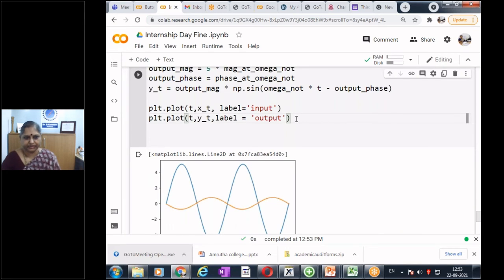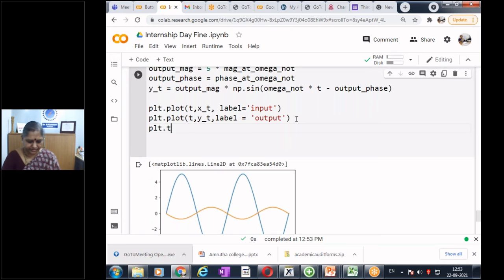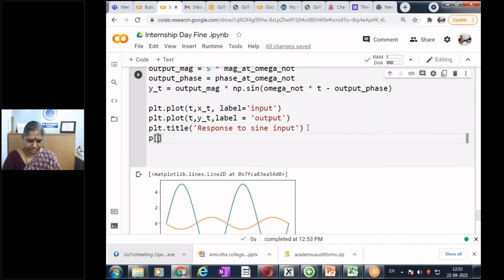And let me put the title. The title is response to sine input. Then put my X label: PLT dot xlabel will be time in seconds.